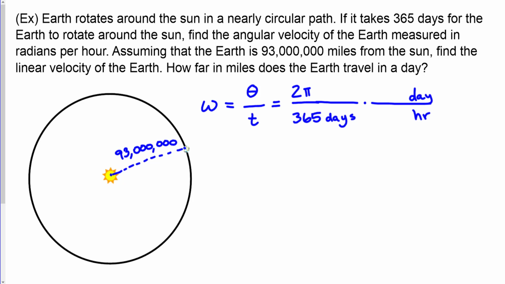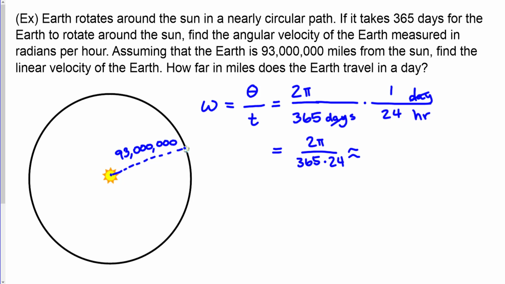I can cancel this out, and I know that in 1 day there's 24 hours. So effectively, I'm going to do 2 pi over 365 times 24. And I'll go ahead and just approximate that.